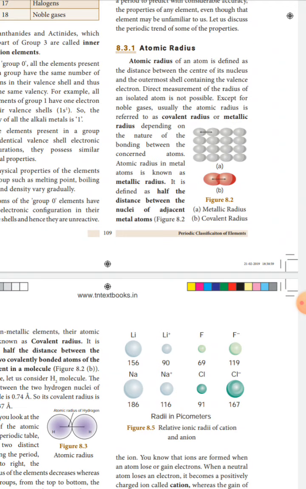So in this figure 8.2, that is shown. Adjacent means the next atom. The two atoms are near. So the distance between the nuclei of the adjacent atoms, halved, is called a metallic radius.